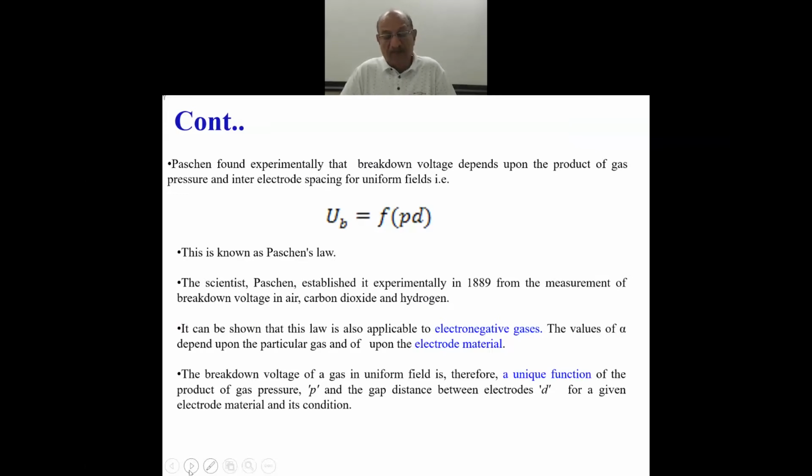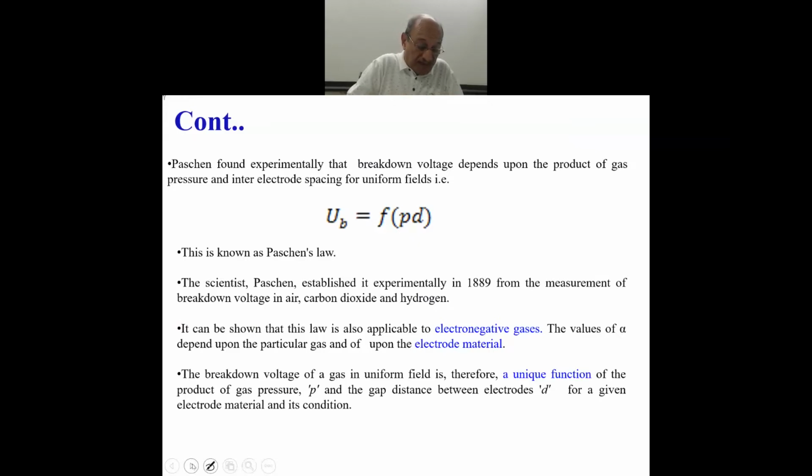That means the role of the electrode diminishes when you increase the gap distance. The breakdown voltage of a gas in a uniform field is therefore a unique function of the product of gas pressure P and the gap distance of the electrode D, for a given electrode material and its conditions.